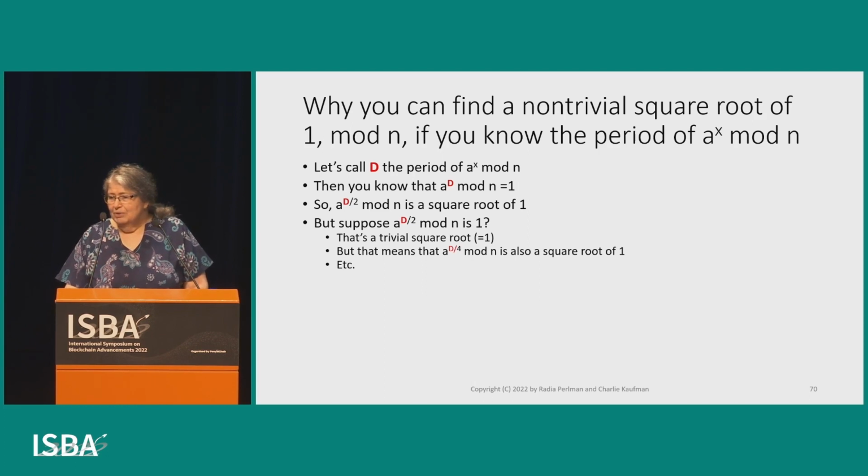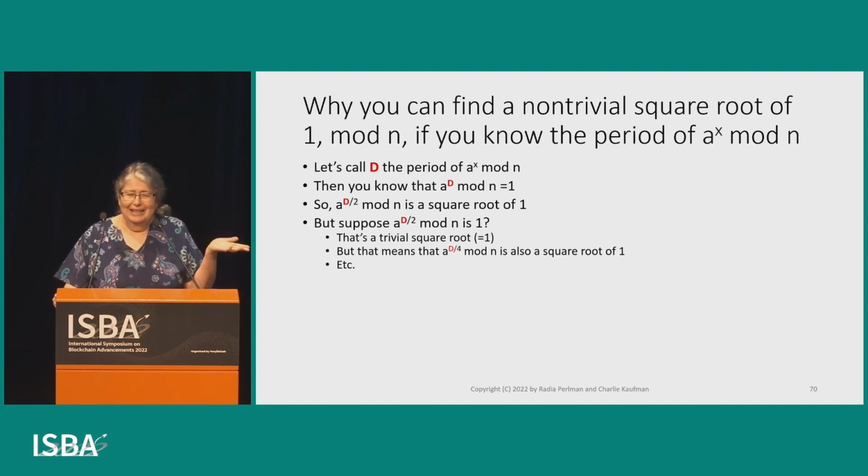Suppose a to the d over 2 mod n is 1. Well, then it's a trivial square root, but that means that a to the d over 4 mod n is also a square root of 1. So you can start at d and keep dividing d by half, and you will either get to a non-trivial square root of 1, or you'll get to minus 1.